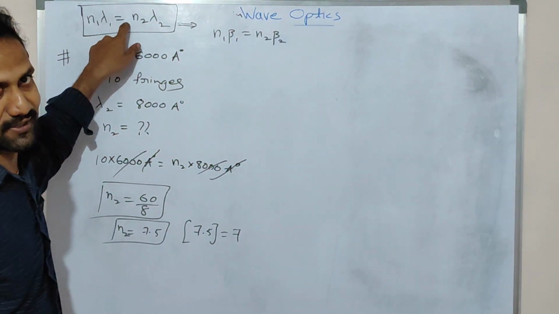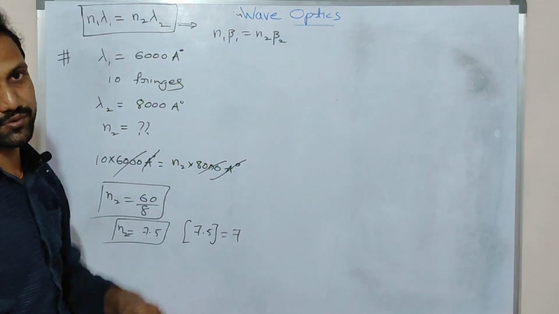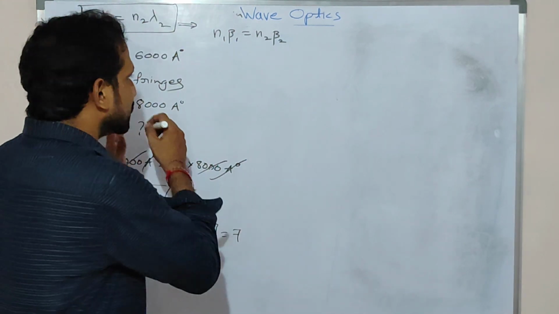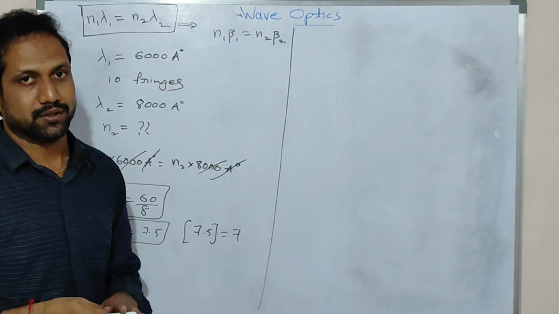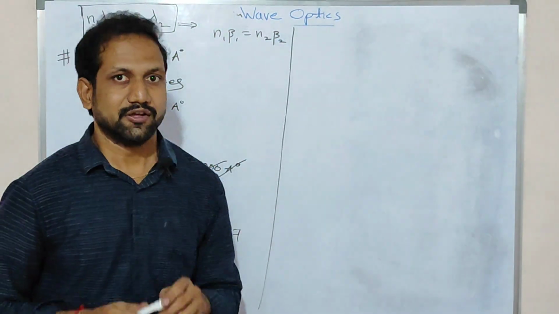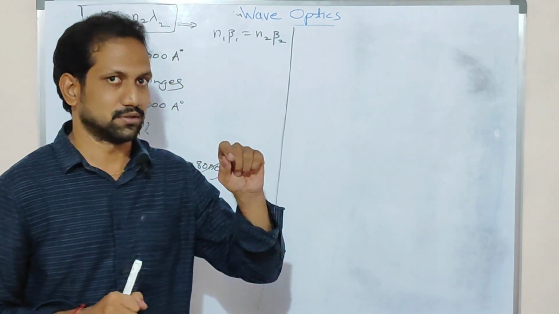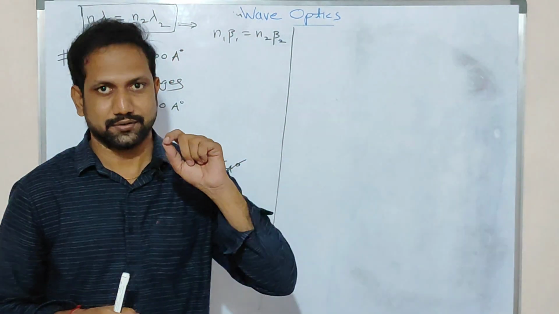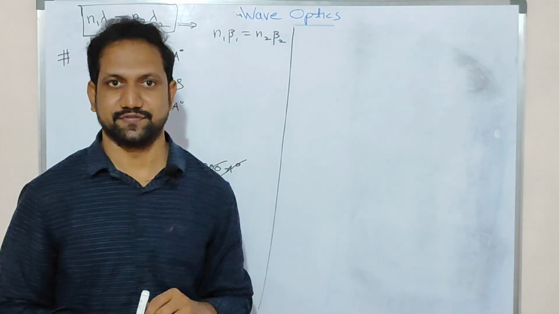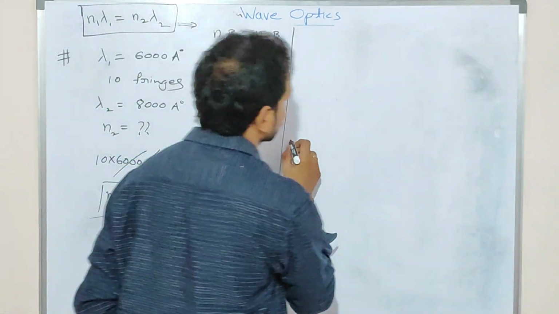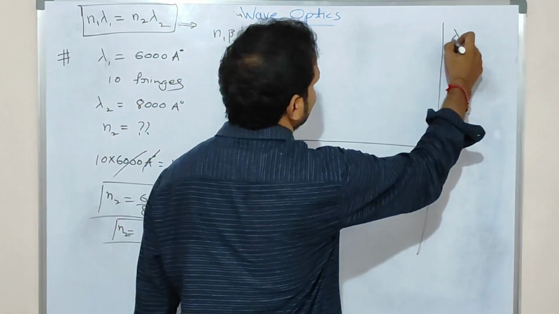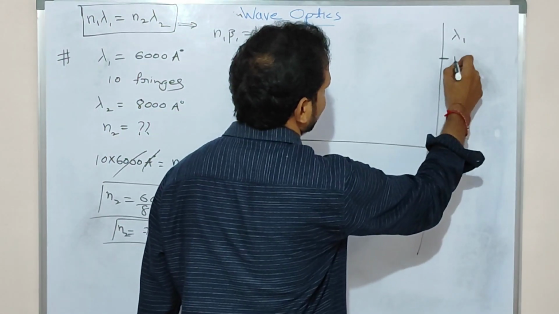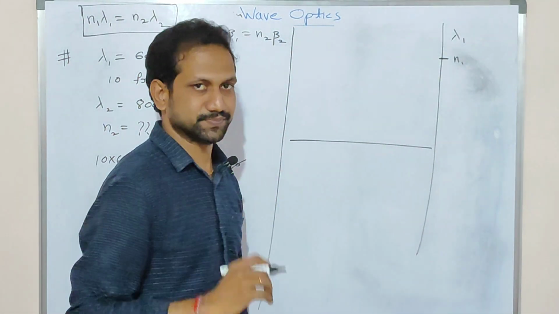So this is one more case they can ask, that is n1 lambda 1 equals n2 lambda 2, in the same way, where they are using two wavelengths. They will ask you based on the situation where the fringes are coinciding. For example, if I use this as a reference line and this is a screen with the lambda 1 wavelength, say this is a point where the n1 bright fringe is formed.